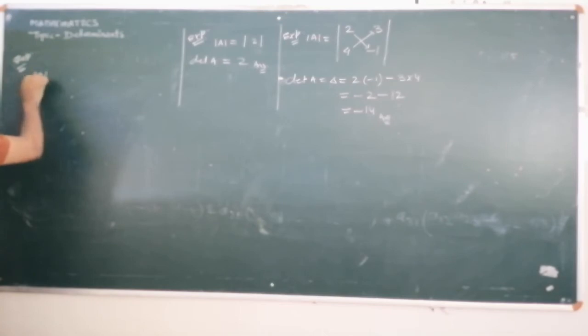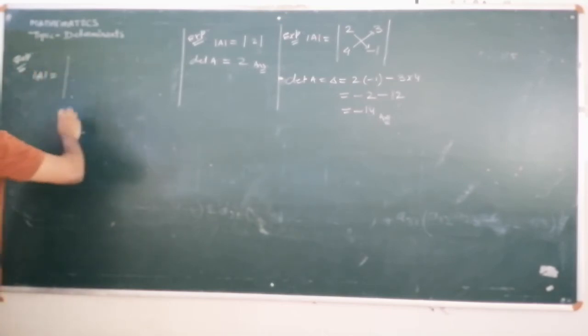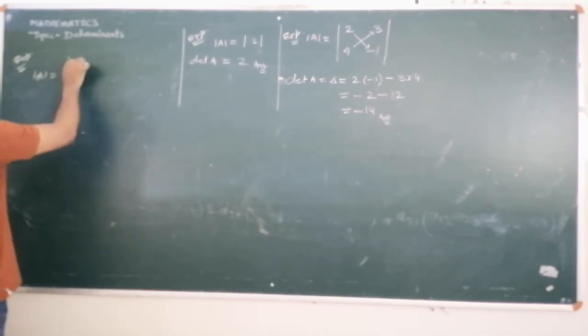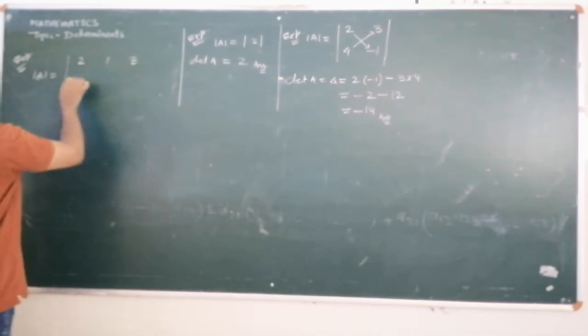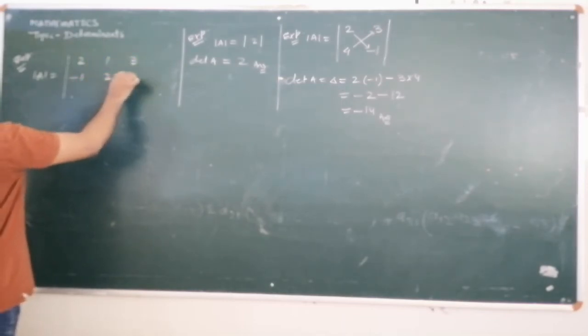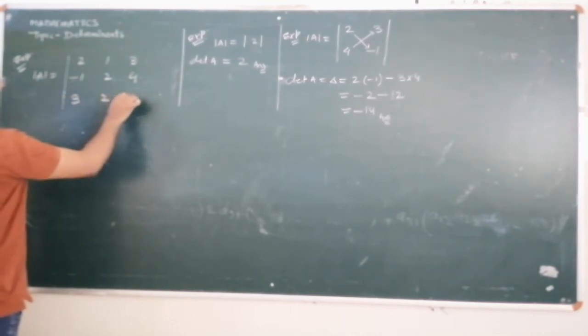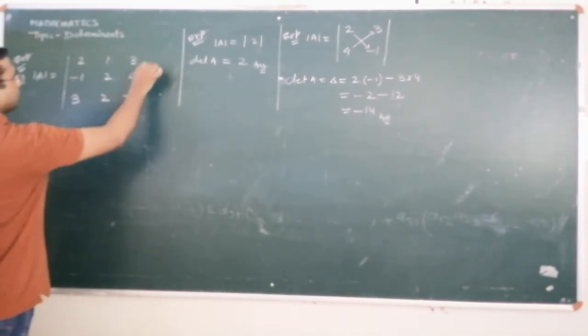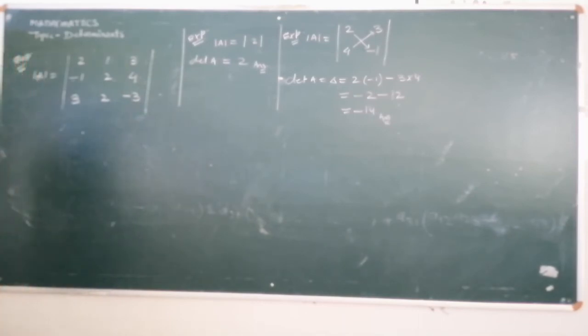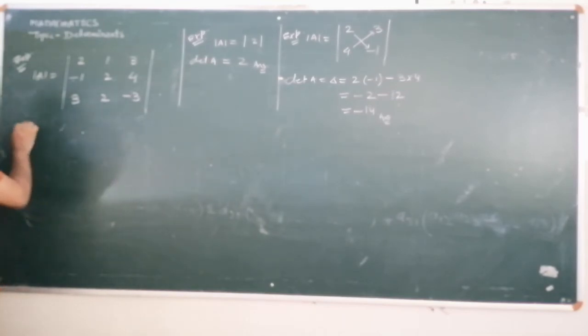Here I am taking the determinant. This determinant is suppose 2, 1, 3, minus 1, 2, 4 and 3, 2, minus 3. Suppose some elements I have taken like this. I want to expand this along R1 and want to find out the value of this determinant.